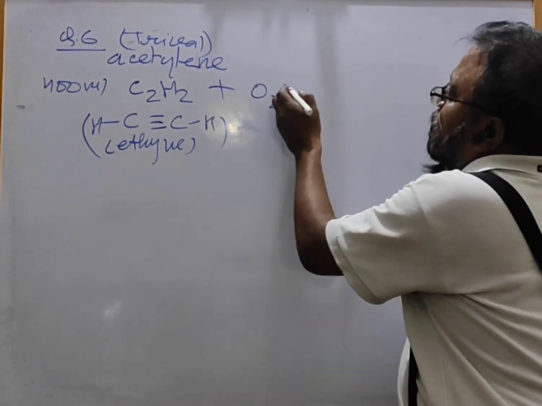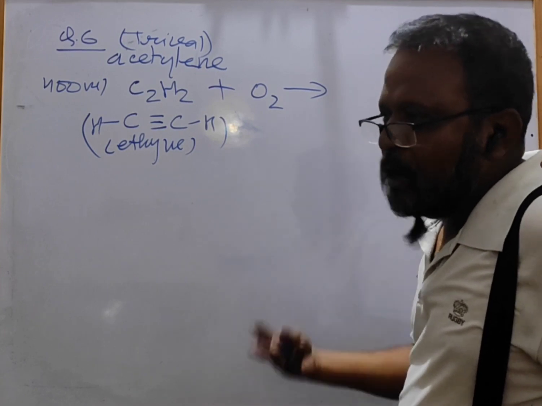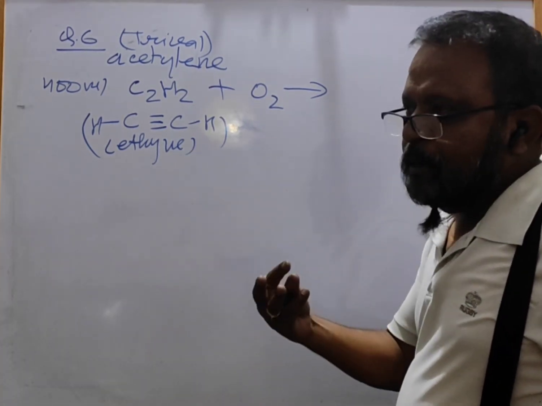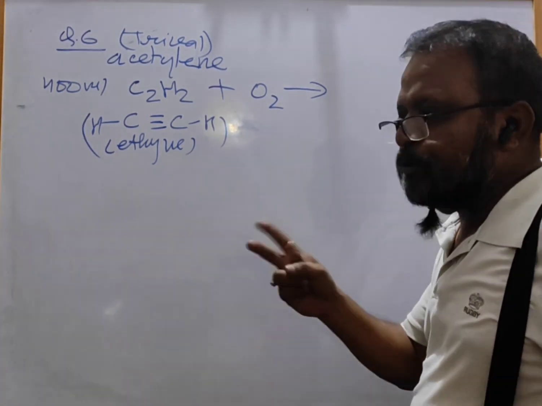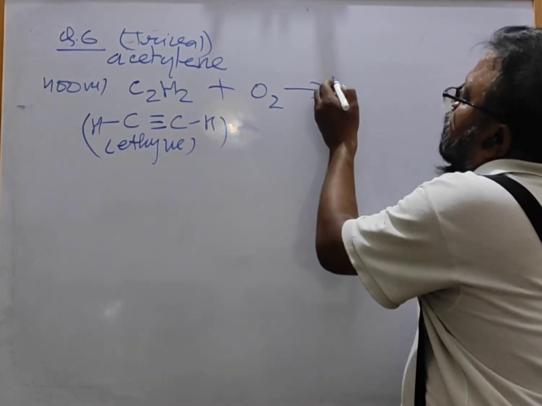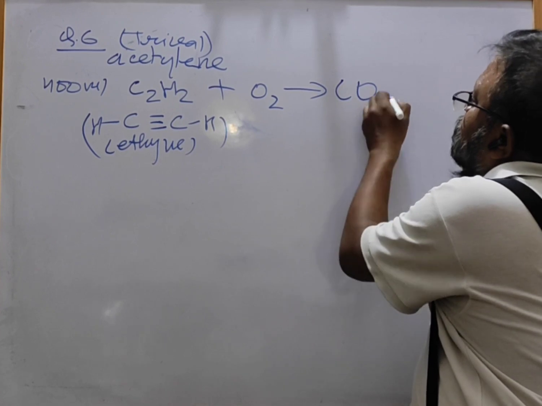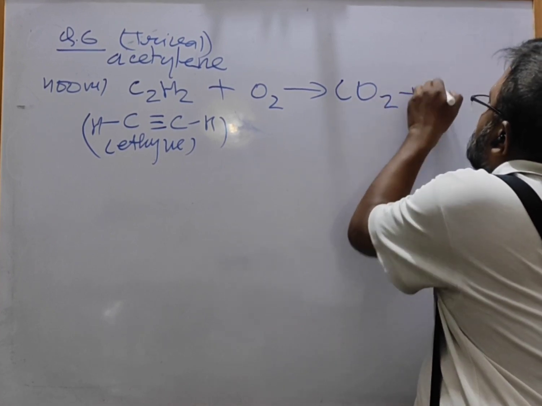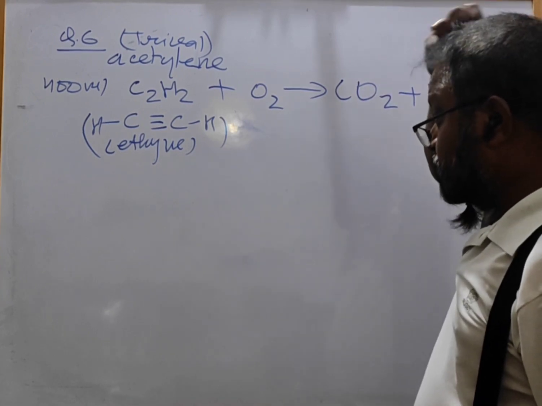In every hydrocarbon like alkane, alkyne, on oxidation they produce two things only: carbon dioxide and water, right? CO2 plus H2O. So now how will you do this?